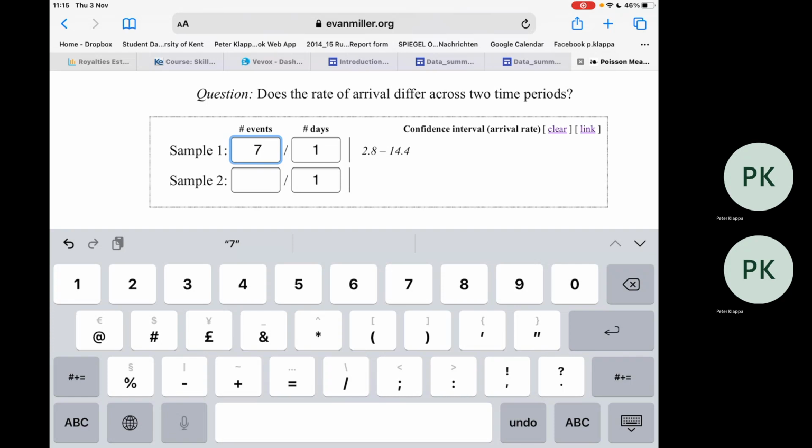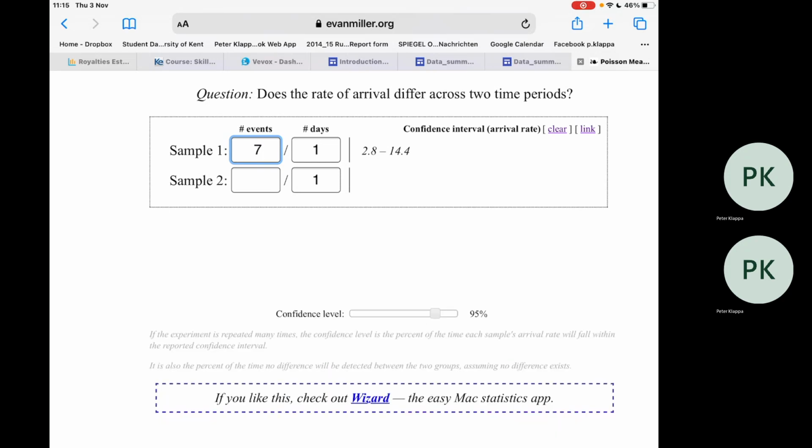We will come back to that in a moment. And what it will do, it will spit out a confidence interval, a 95% confidence interval. If you want to change that, you can do it with the slider down here. But it basically tells us it is between 2.8 colonies and 14.4 colonies that we would expect in the long run.